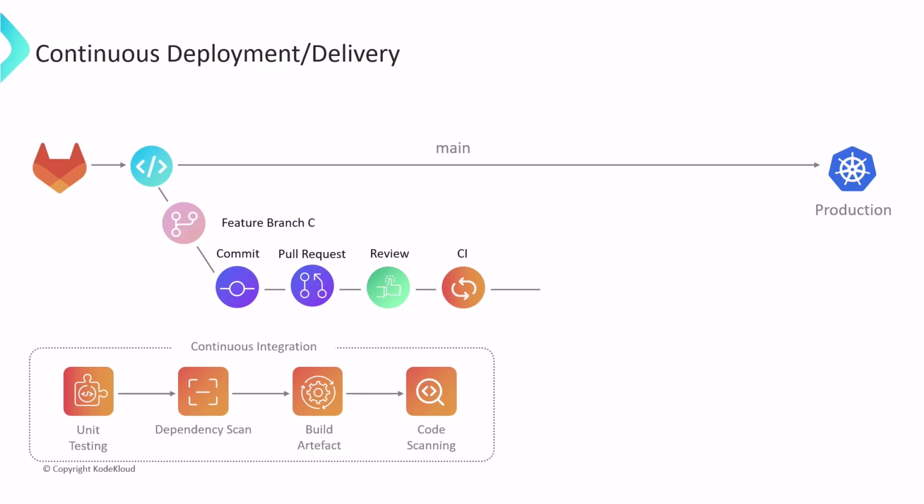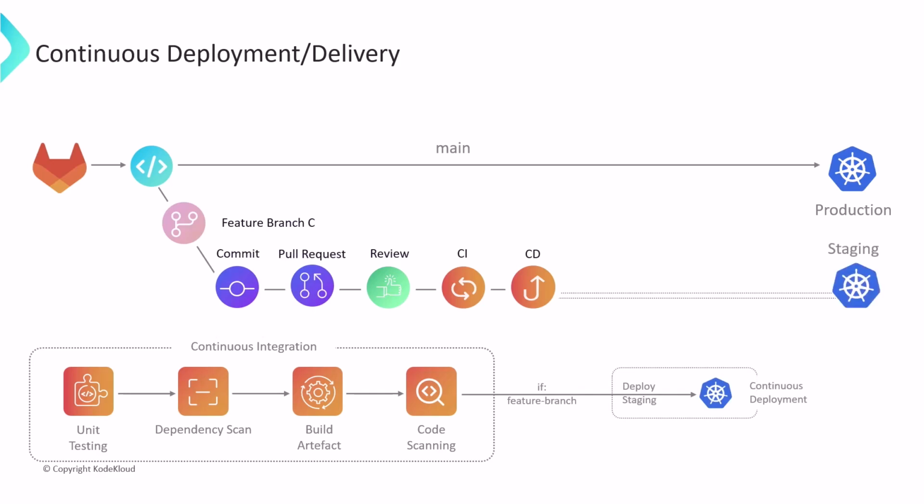Within the same feature branch, following a successful continuous integration pipeline run, we can establish another continuous deployment pipeline. This pipeline should be responsible for deploying the modified code to either a staging or a development environment. Following deployment, a series of tests are executed to ensure that the quality of the application does not get degraded.